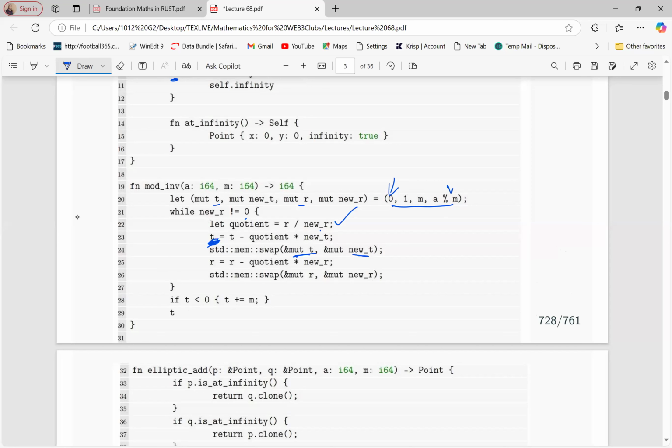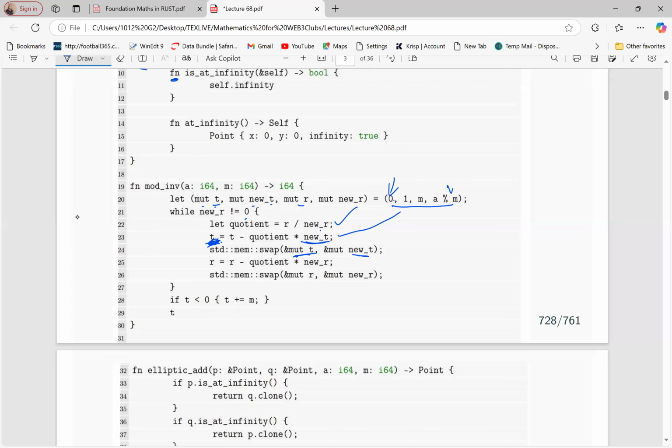What was mutable T was 0, and the new T you've just calculated becomes the other T. But for this, you're using the one you had already initialized to get the new T.